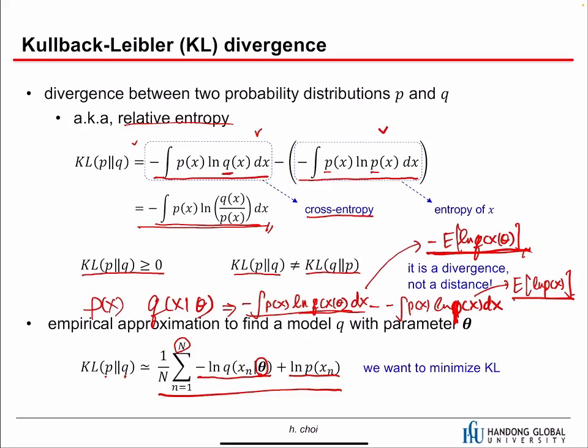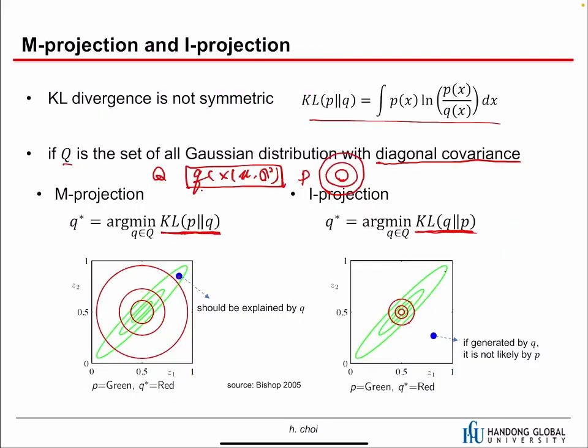Let's check this equation one more time. We actually draw the samples based on the probability of P, because this expectation is about P of X. So we draw the samples from distribution P. What I'm saying is that P is actually generating the samples, and then we minimize the distance between P and Q with respect to the samples. Okay, so the samples are coming from these distributions, and we are focusing on these samples.